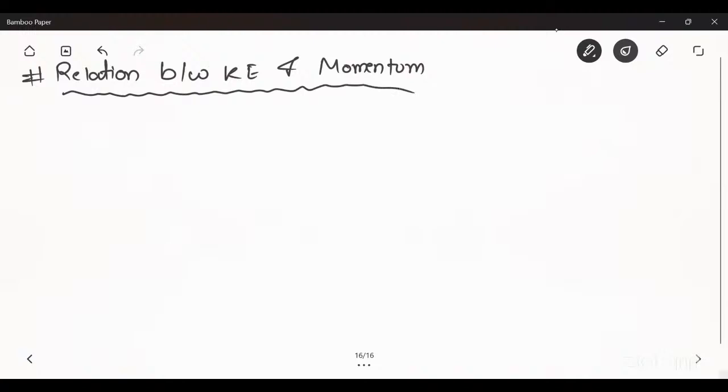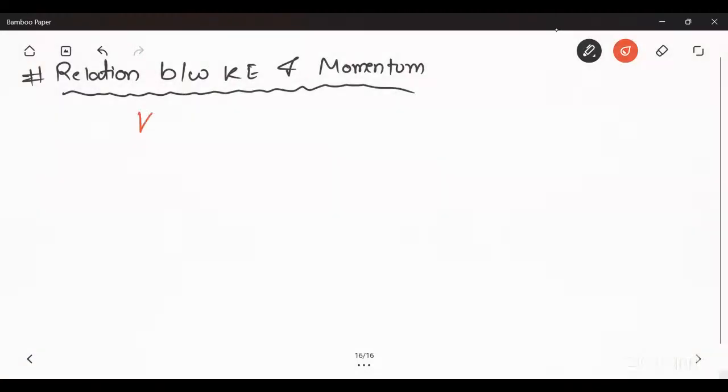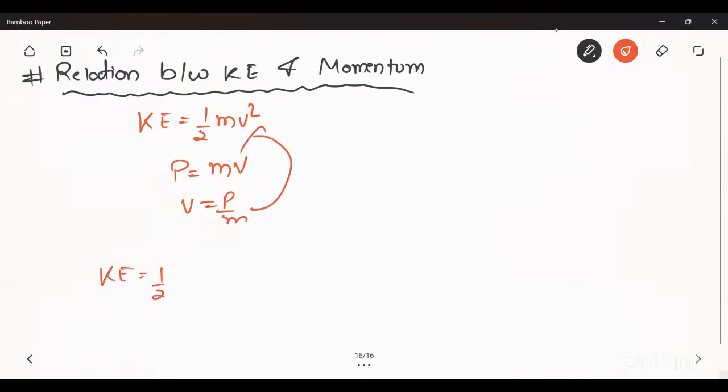So what is the relation between kinetic energy and momentum? We know that the kinetic energy formula is half mv square, and the momentum formula is m into v. So v equals p by m. On putting the value of v, we get kinetic energy equal to half m p square by m square. On cancelling one power of m, we get KE equals 1 upon 2m p square.